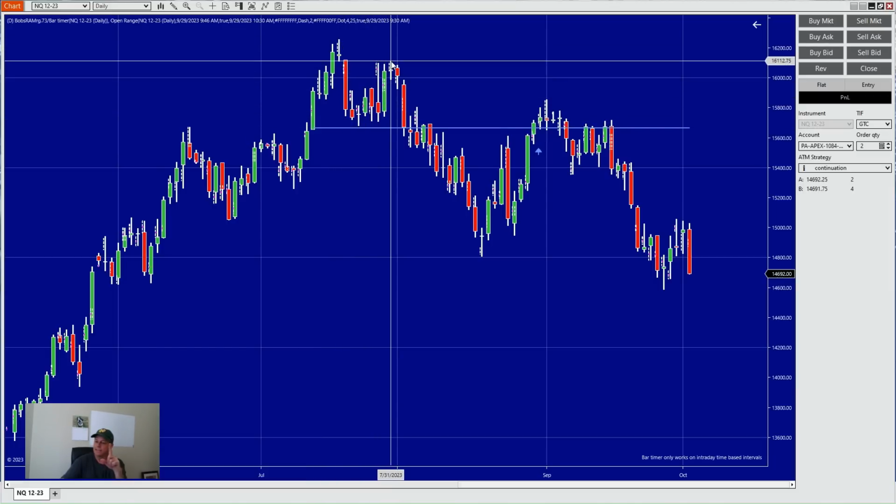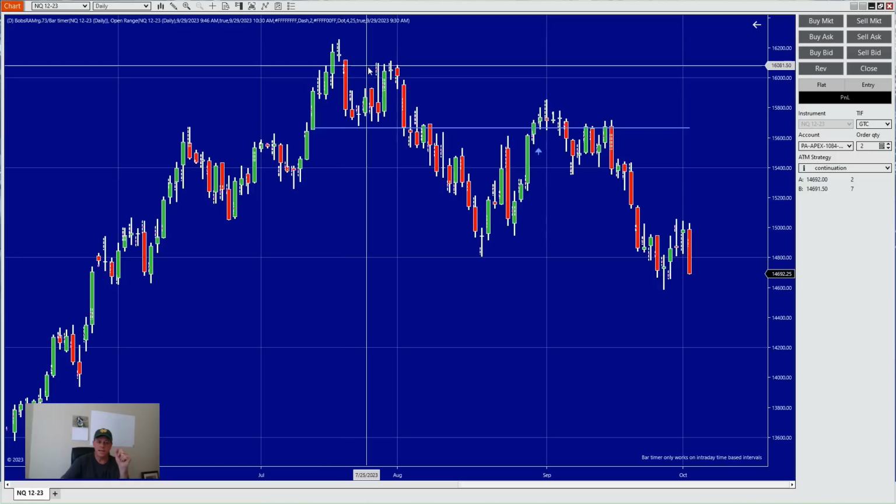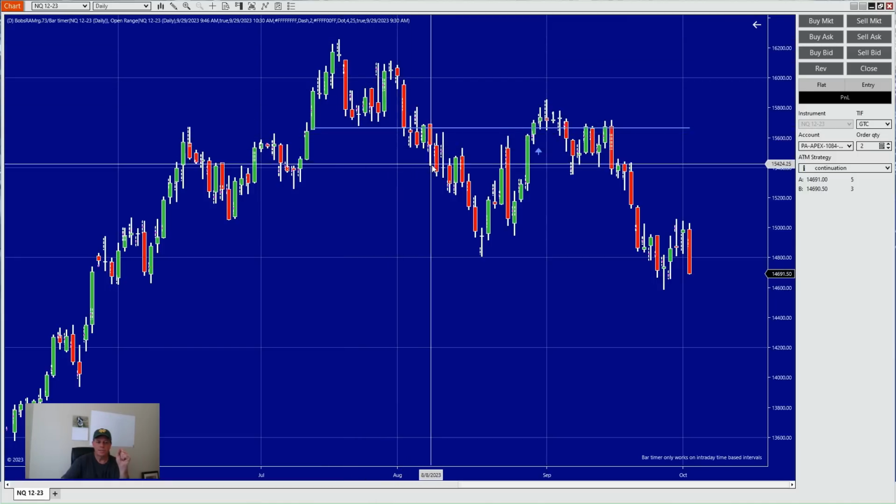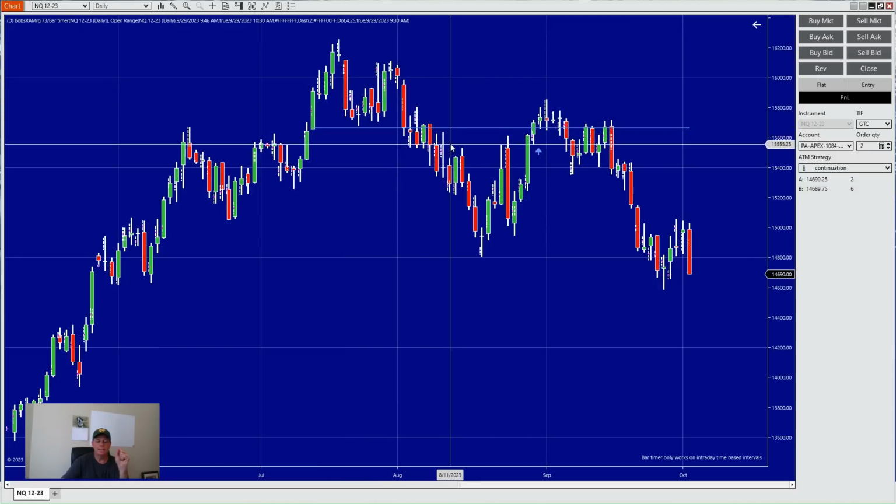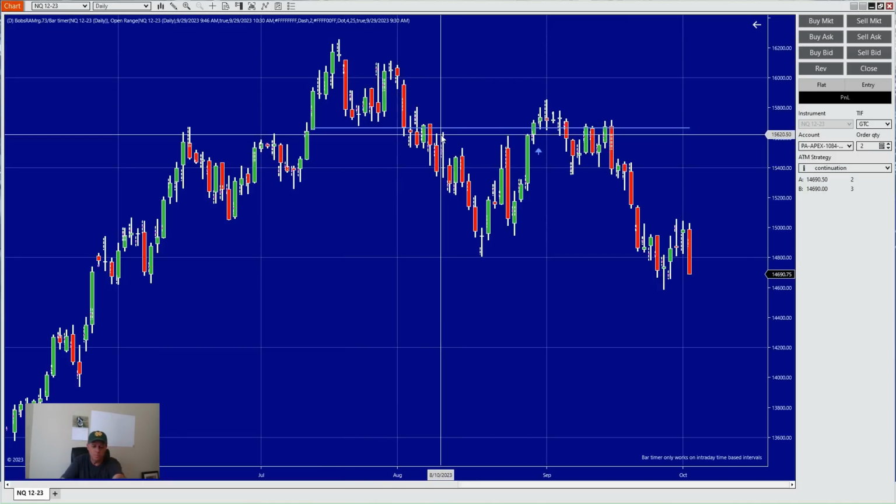Here's your high again, that's lower than this high. Here's your price, and here's your breakdown. As soon as we got into this area right here, which would have been about August 10th, all biases on these trades should be short. That's it. The longs are just setting you up to get your face slapped in.